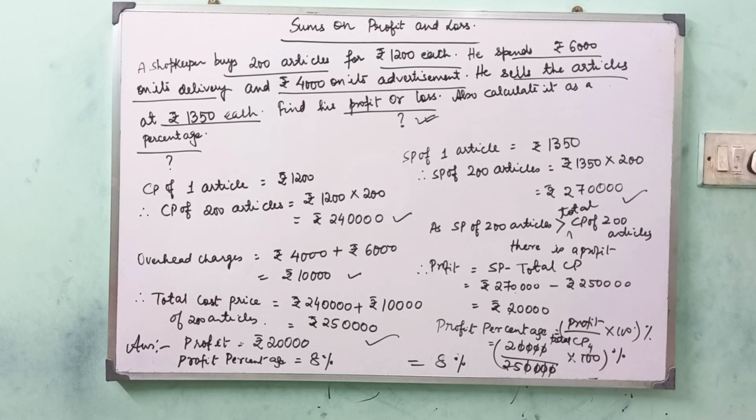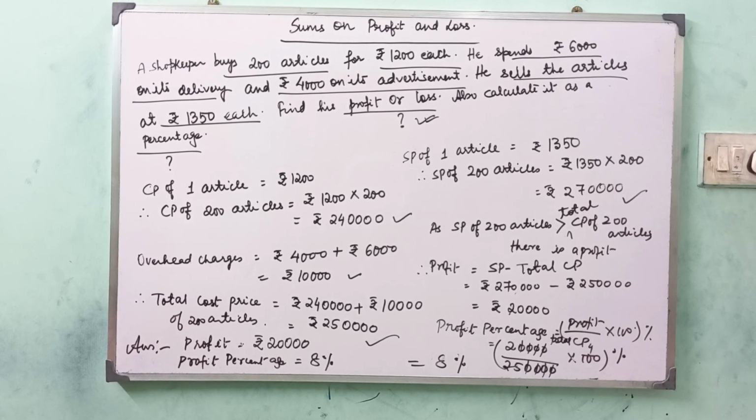A shopkeeper buys 200 articles for rupees 1,200 each. He spends 6,000 on its delivery and 4,000 on its advertisement. He sells the articles at rupees 1,350 each. Find his profit or loss. Also calculate it as a percent. So we were given the cost price of one article, that is rupees 1,200 each.